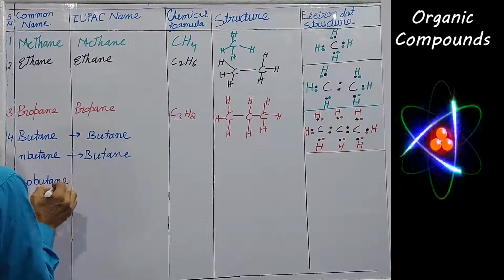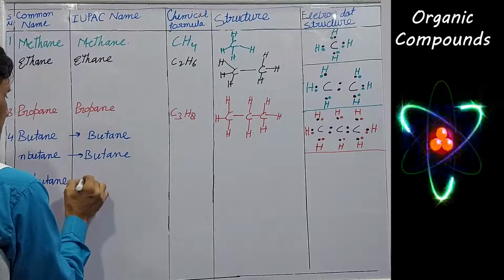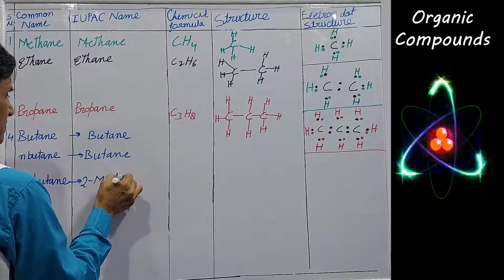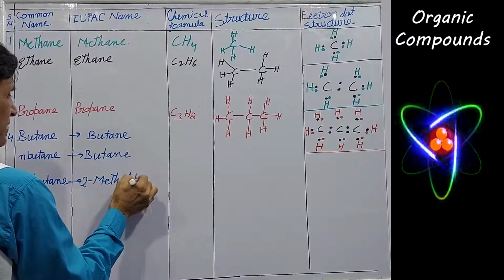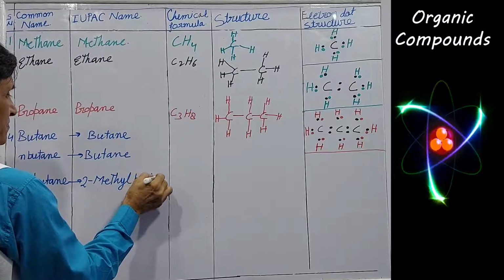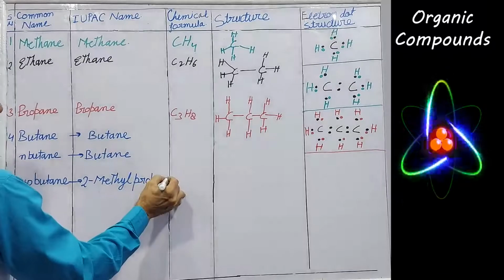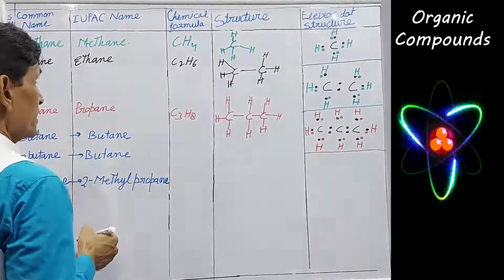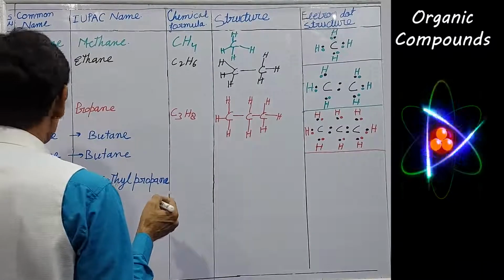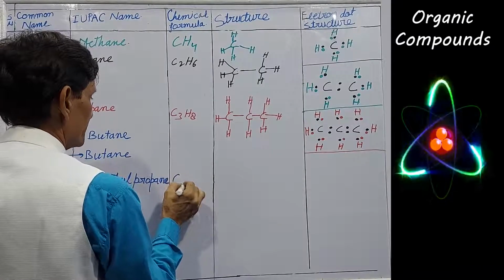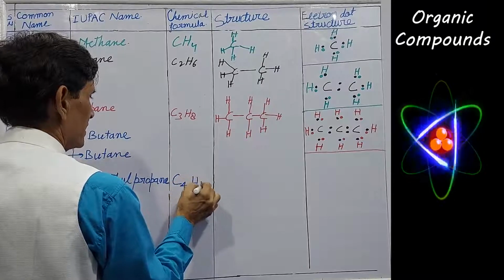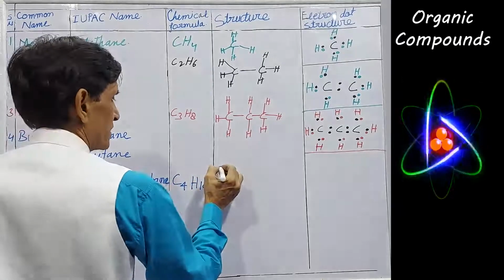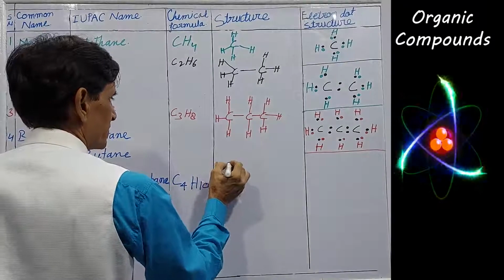For isobutane, the name is 2-methyl propane. Now its formula is C4H10, for both.